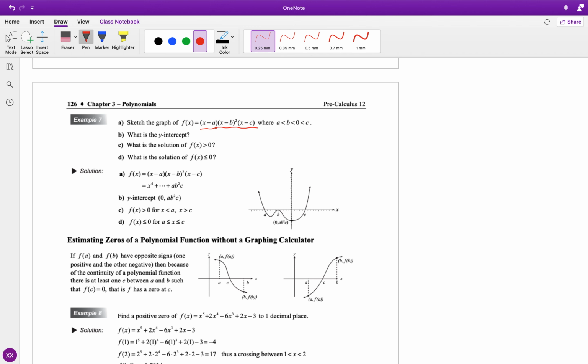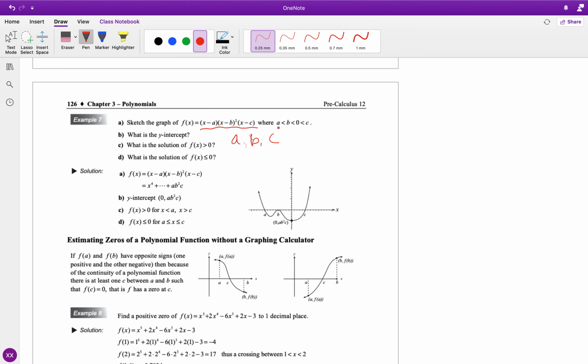Now how many zeros are here? We've got a, we've got b, we have c. Now they're also given to you because if it's only a and b and c, we have no idea where a and b and c are. Are they positive numbers? Are they negative numbers? Thankfully, of course, they have to give us this information.